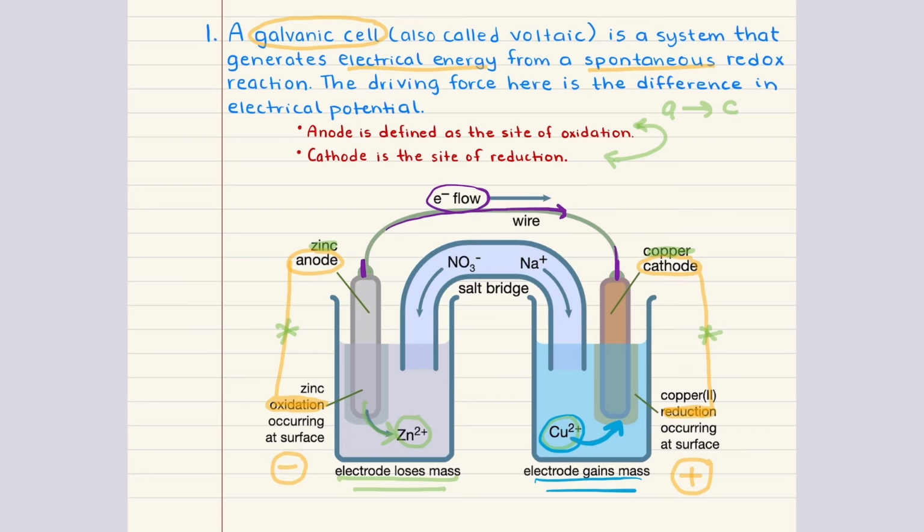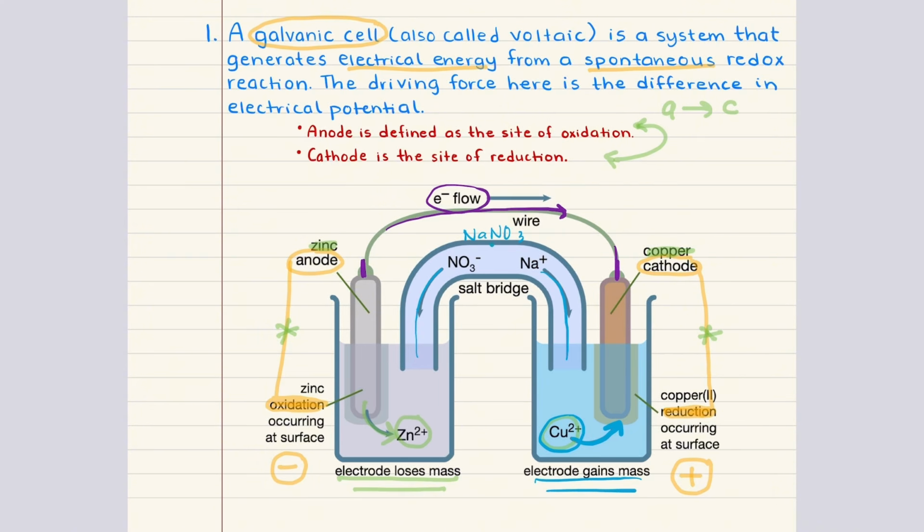A salt bridge is going to be required to maintain electrical neutrality in both compartments. So without it, charge would rapidly accumulate in each half cell and the electron flow would stop. So the salt bridge contains a non-reactive electrolyte, something like sodium nitrate.